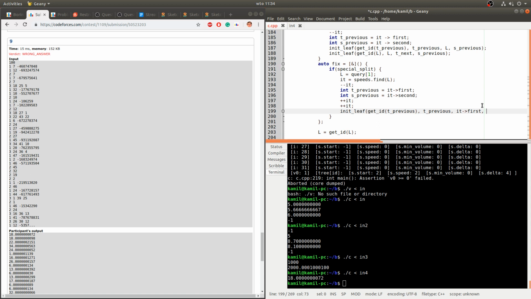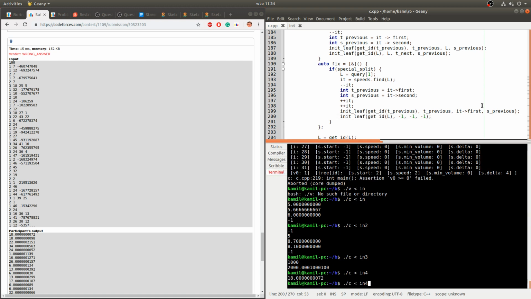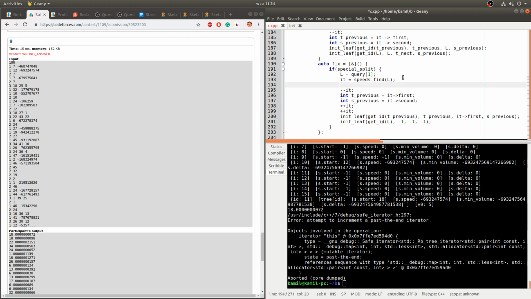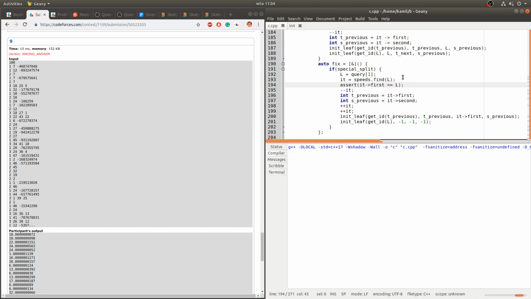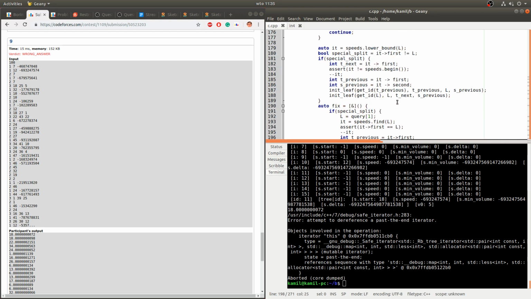T first and as previous, and also init leaf get id of L, -1 -1 -1. Something, but let's assert here that it first is L. Let's just return here.